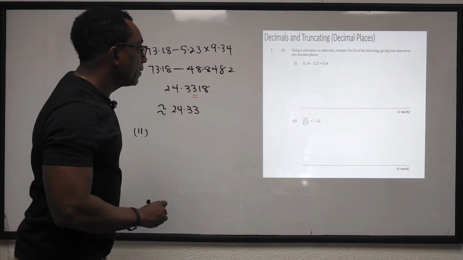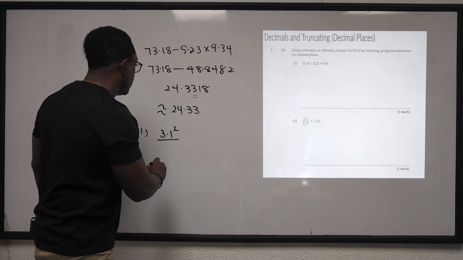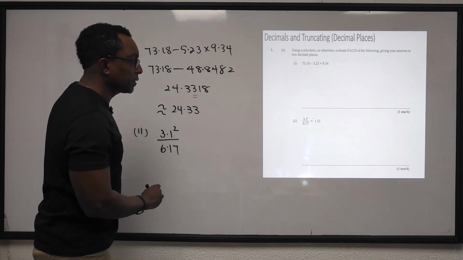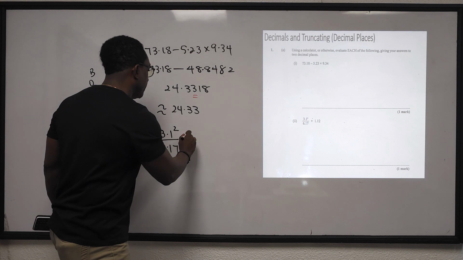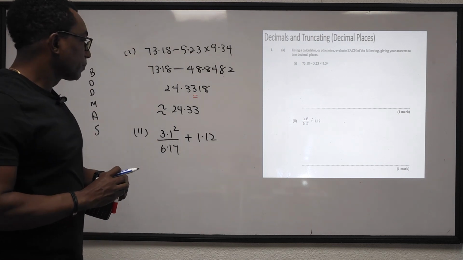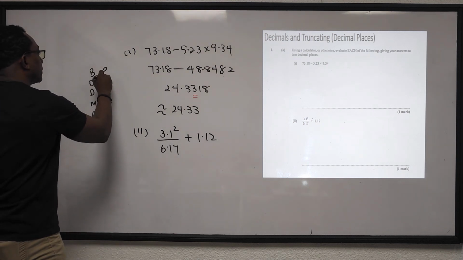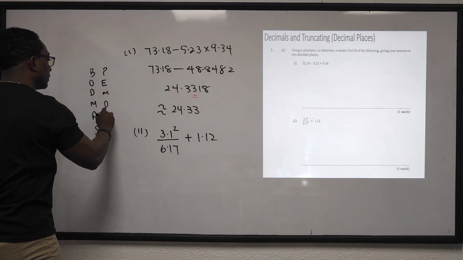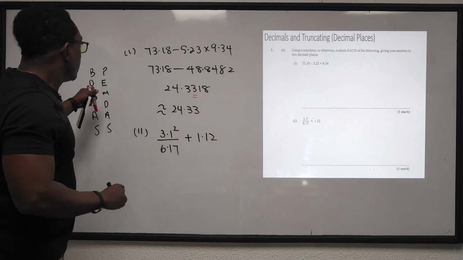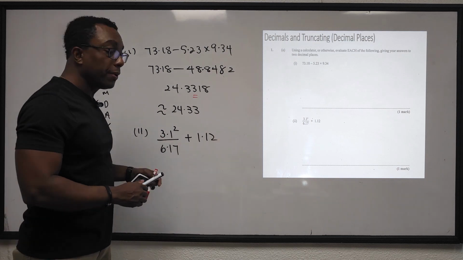So let's look at part 2. We have 3.1 squared all over 6.17 plus 1.12. So from our rules of PEMDAS, E stands for exponents, or index or powers.